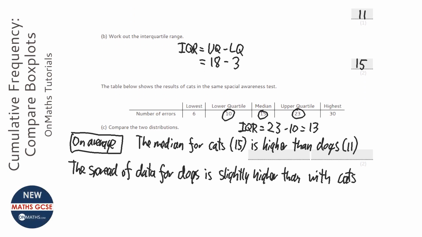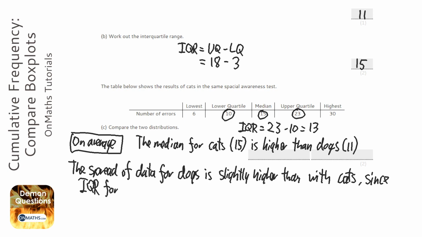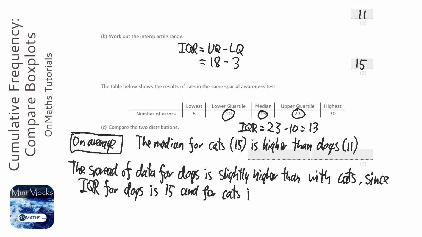And then you'd say, since IQR, interquartile range, for dogs is 15 and for cats is 13.